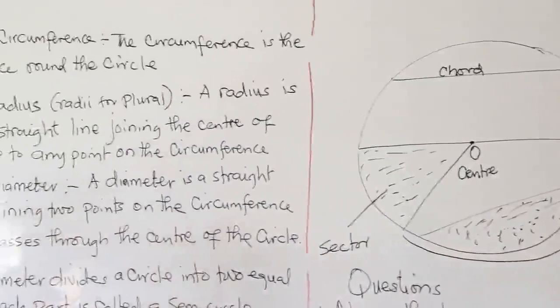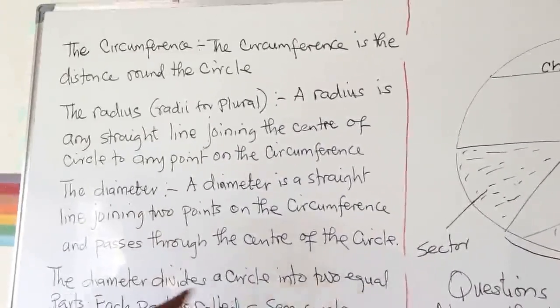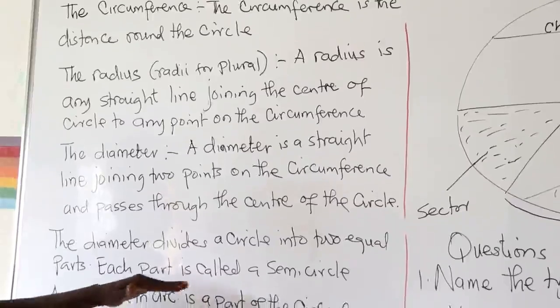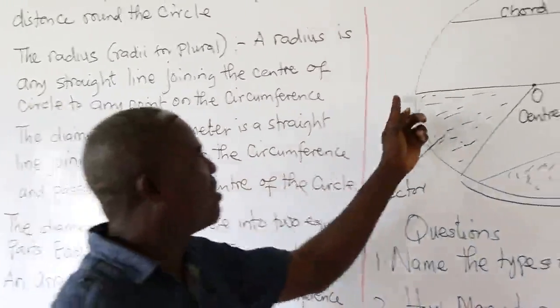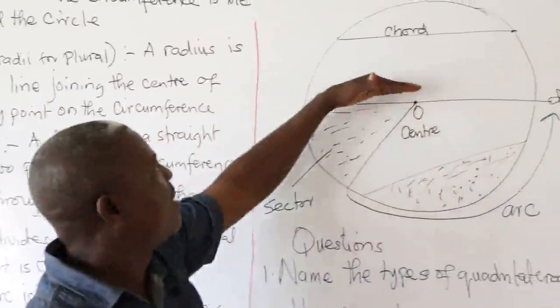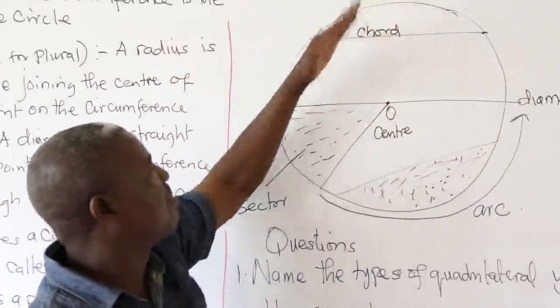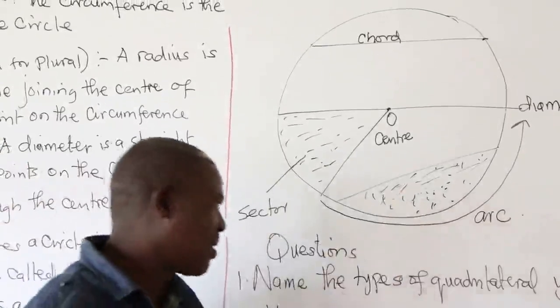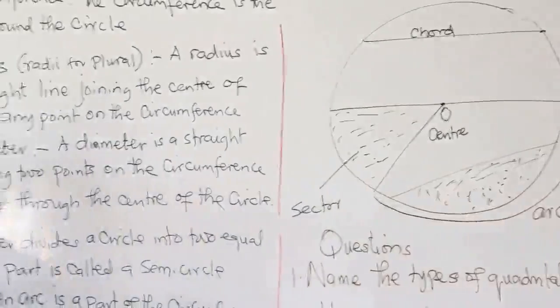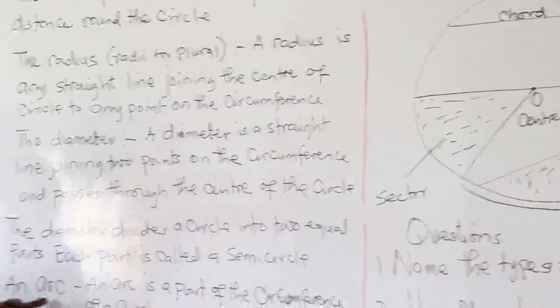The diameter divides the circle into two equal parts. Each part is called a semicircle. So if this is a diameter, this part is called a semicircle. This part is also called a semicircle. An arc.